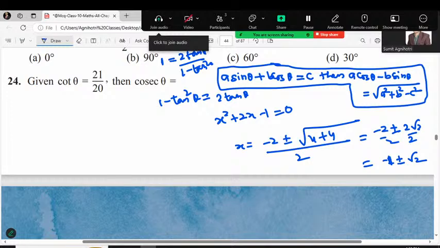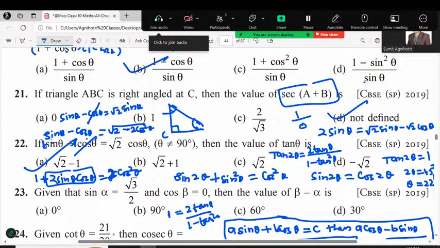Or you can simply remember tan 22 and a half is root 2 minus 1. Many students do remember that. If you remember that, no need to do all these things.